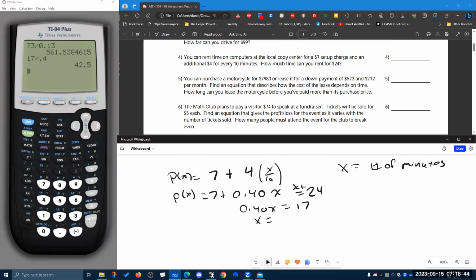Because we have to go in increments of 10. We can't buy that block that gets us from 41 minutes to 50 minutes. Since we're buying in blocks of 10, we have to stay at or below 40 minutes.